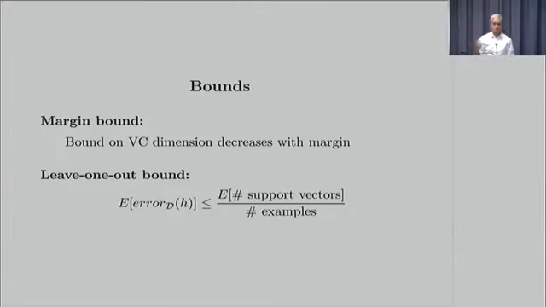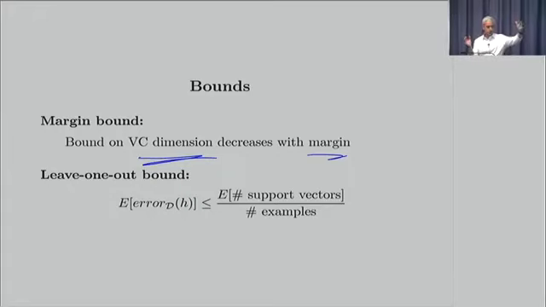And what Vapnik showed is that there is a relationship between the margin and the VC dimension. The higher the margin of the hyperplane, the lower the VC dimension. And again, I'm not going to prove this here. It's actually not that straightforward of a proof. But remember the intuition about the thick slab of wood. Okay?